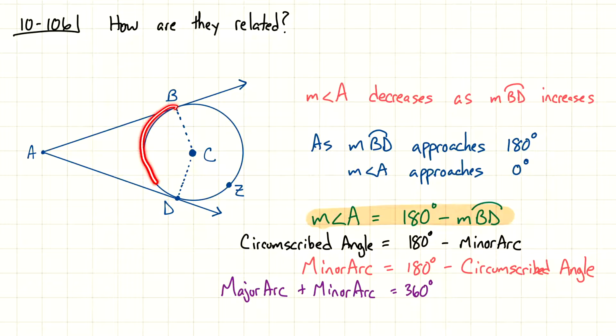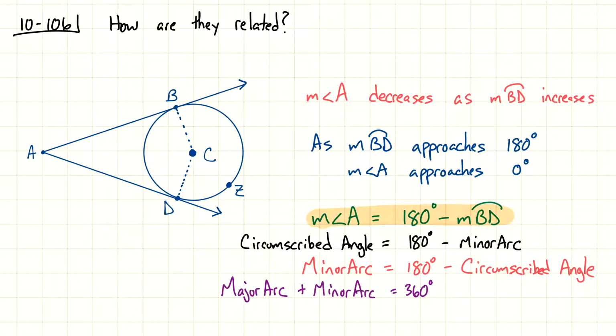That would be arc BD and arc BZD. Those two would add up to 360. So I could give you a problem where I give you the measurement of this angle, and I want you to tell me the measurement of this arc. We would be able to do it. If I figure out the minor arc, then I could use that to help me figure out the major arc.